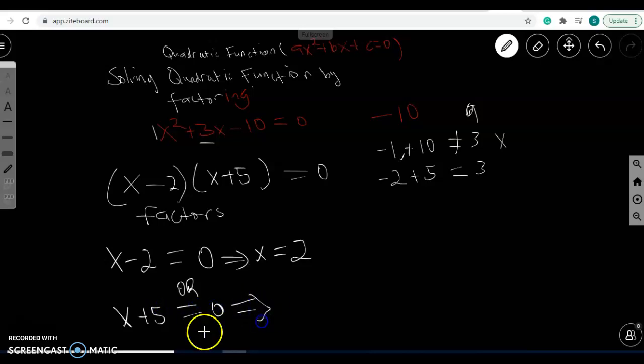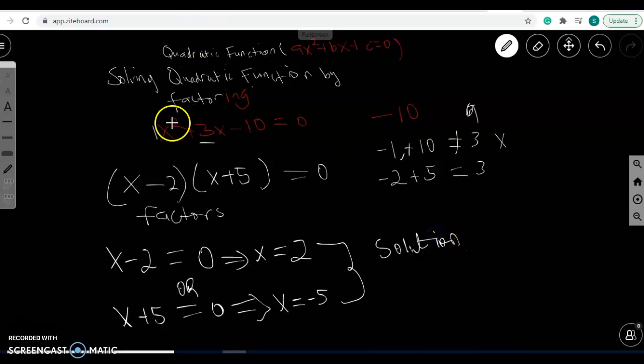That will give us the flip of that number, which is x equals -5. So these two numbers are the solutions to this quadratic function.